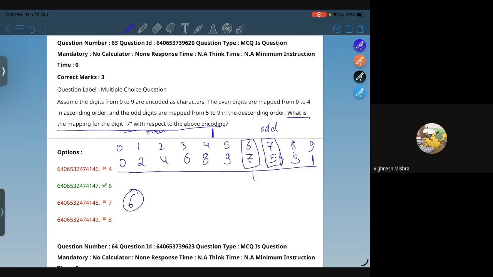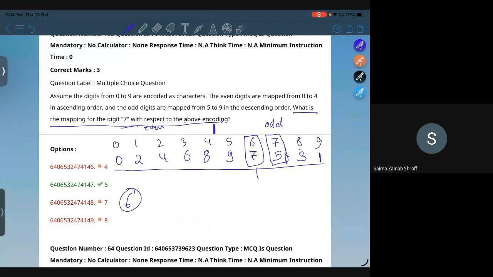The line itself states: assume the digits from 0 to 9 are encoded as characters. So the digits are your characters, and this is your encoded value.